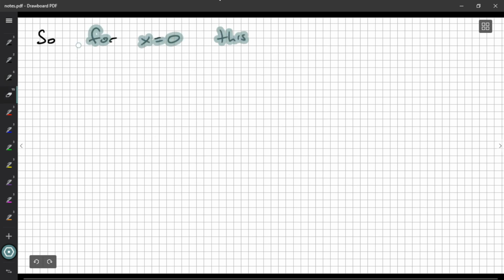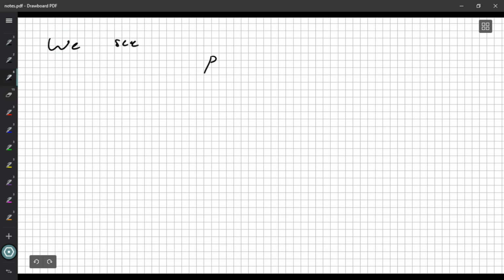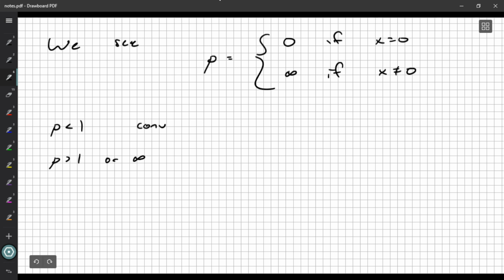So we see that the value of rho is 0 if x is 0, and infinity otherwise. Now, if rho is less than 1, we know we get convergence. If rho is greater than 1, or if it's infinity, we get divergence.